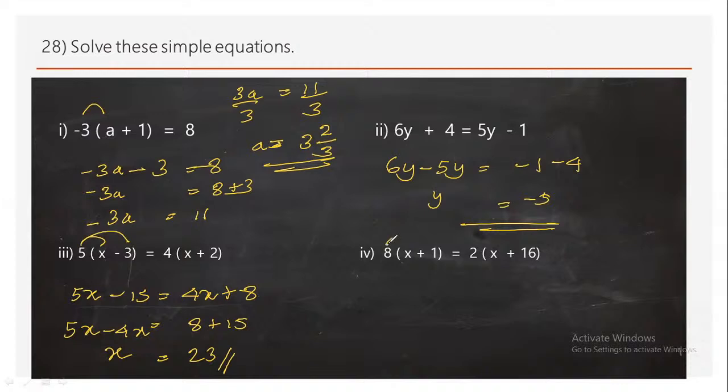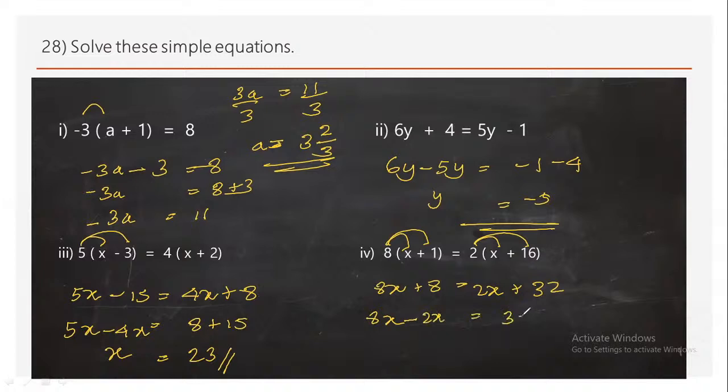Remove the bracket first. 8 into x, 8x. 8 into 1, plus 8. 2 into x, 2x plus 2 times 16, 32. Now check the like terms, 8x and 2x. 8x, borrow this 2x to this side, it becomes minus 2x.